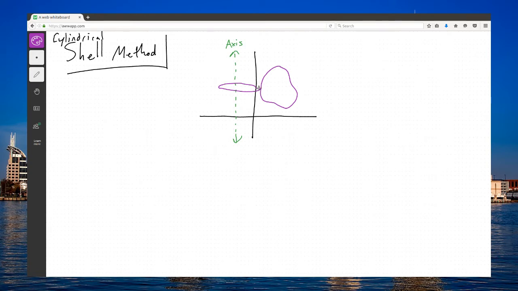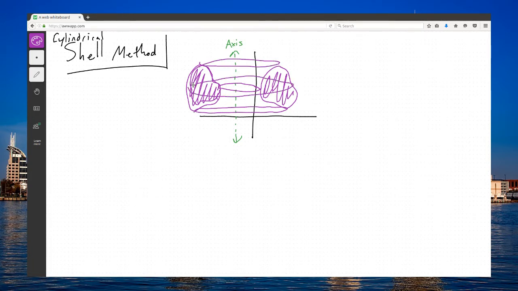So it would look something like this, very roughly speaking. You have two copies of the same region on both sides, and it's being rotated around this axis of revolution. And you can kind of see how we have this washer right here.